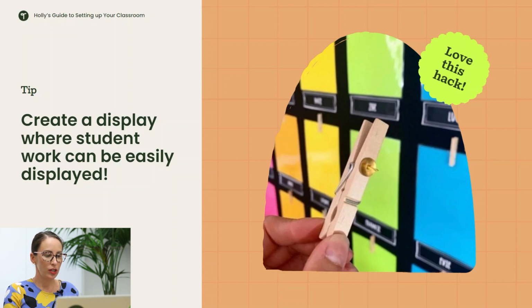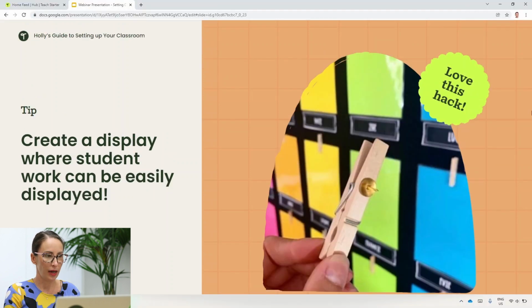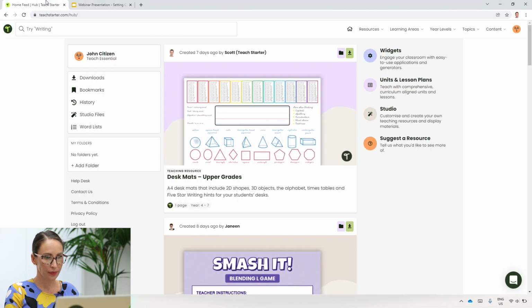All right, what I might do now is go to our website and show you how to use our display banners.